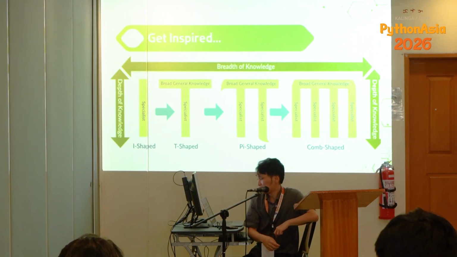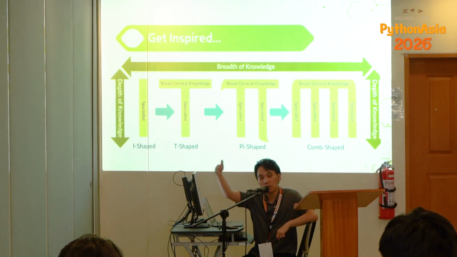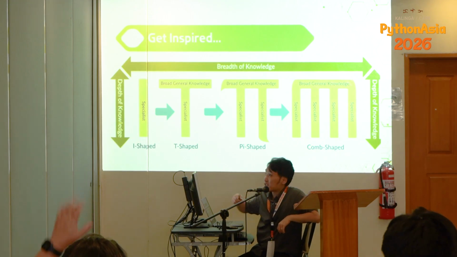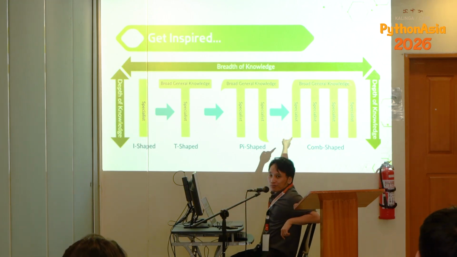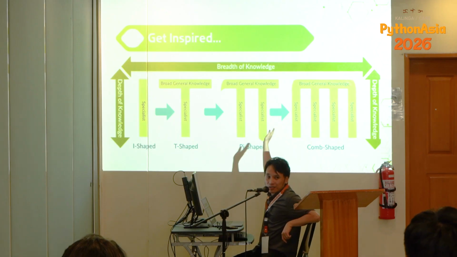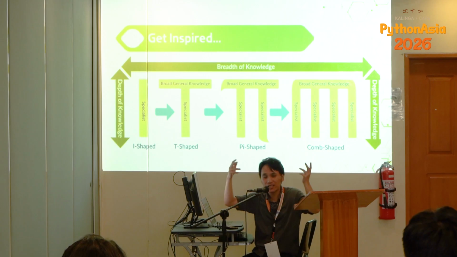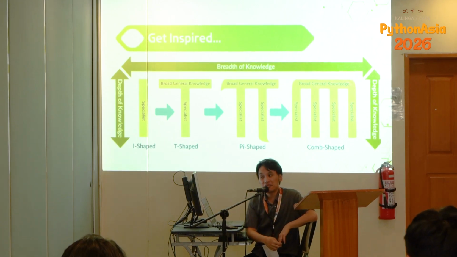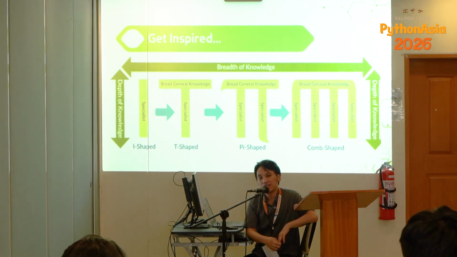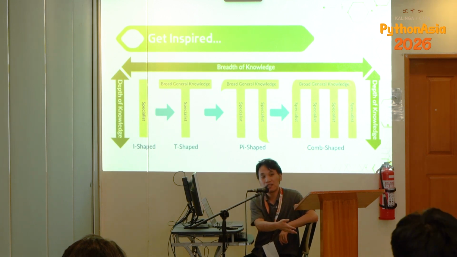Once you have that, it's very easy to translate it to another field or industry. Because at some point you're going to have a lot of topics, a lot of expertise or specialization, and from that you're going to be better suited as a programmer.